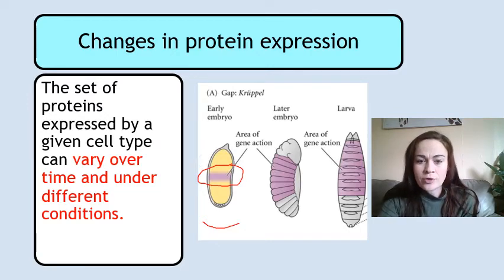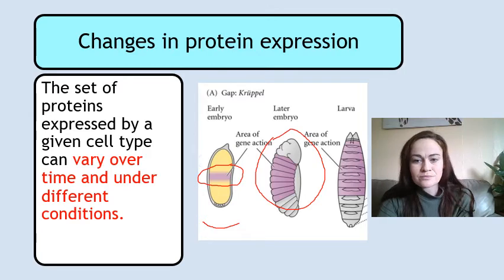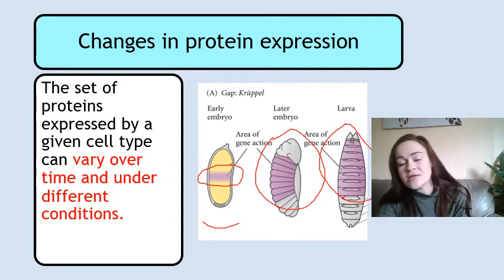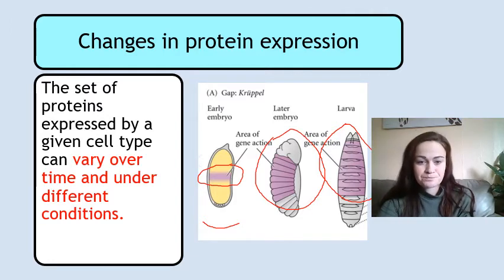Later in development of the later embryo, you can see that there are more cells expressing that gene. And then further on in the larvae, these cells are still expressing the gene. So early on in the embryo, we had a little expression, and then over time, it increased in expression.